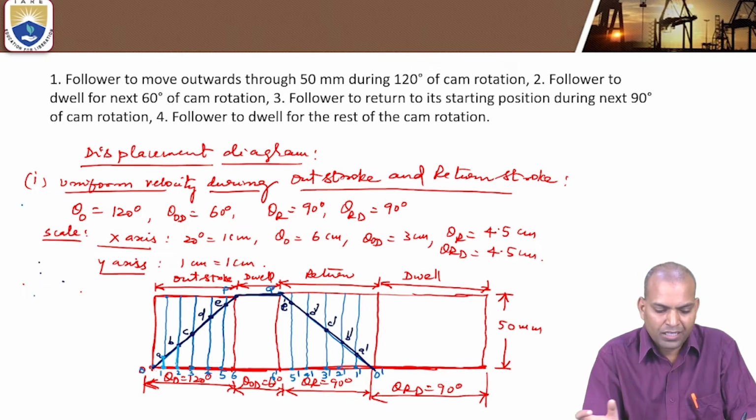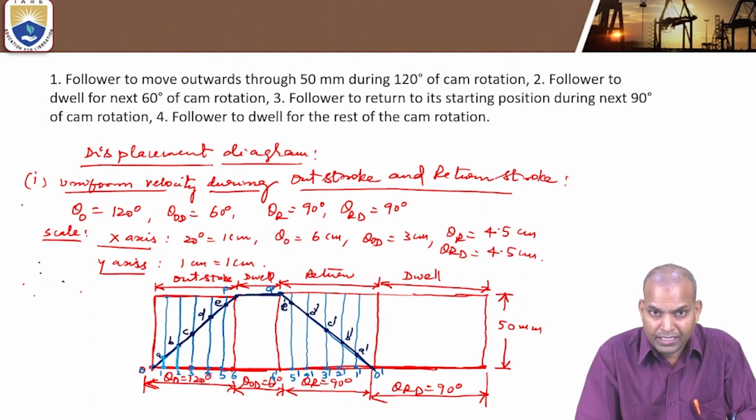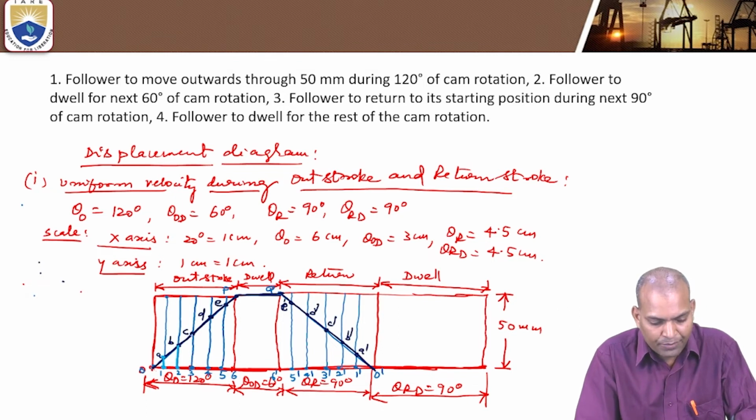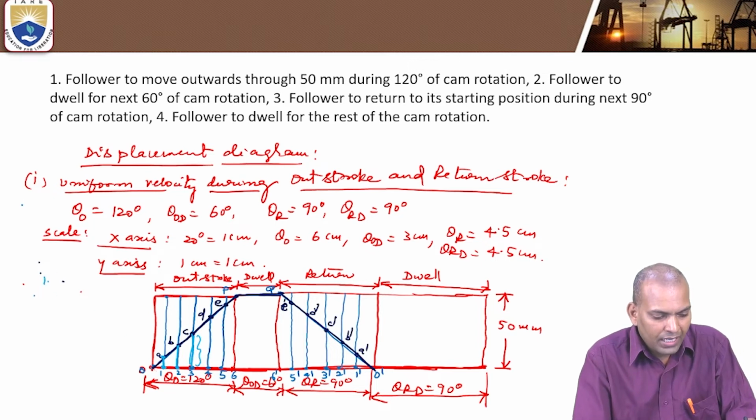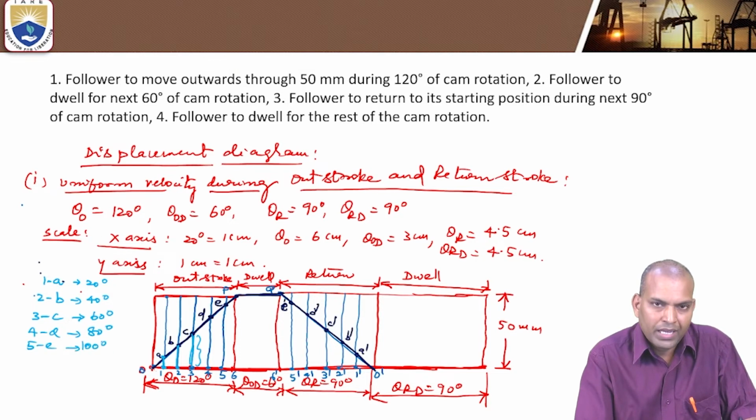That means for 40 degrees of cam rotation, the lift of the follower is the vertical distance from 2 to B. For the next 20 degrees, that means a total of 60 degrees of cam rotation, this is the portion, that is 3C. 1A distance is the first 20 degrees. 2B is 20 plus 20, that is 40 degrees of cam rotation. 3C is 60 degrees. 4D is 60 plus 20, 80 degrees. 5E is 100 degrees of cam rotation.